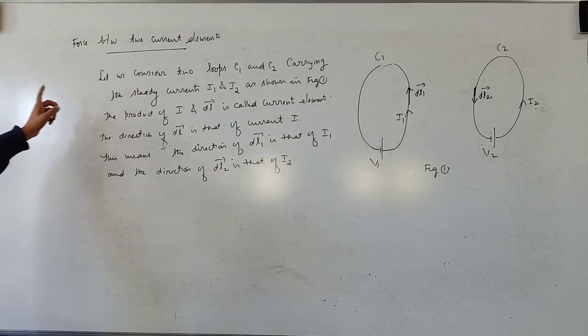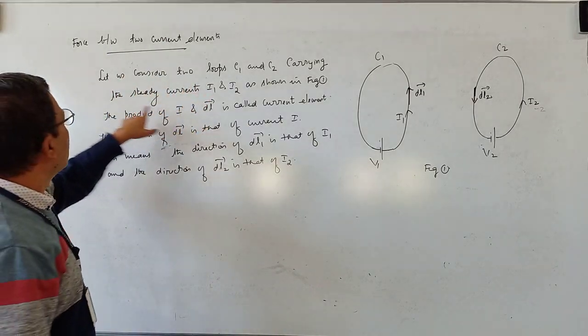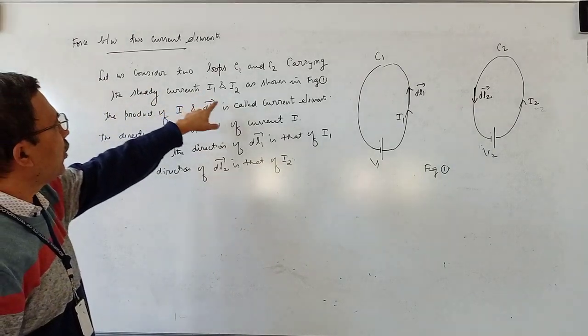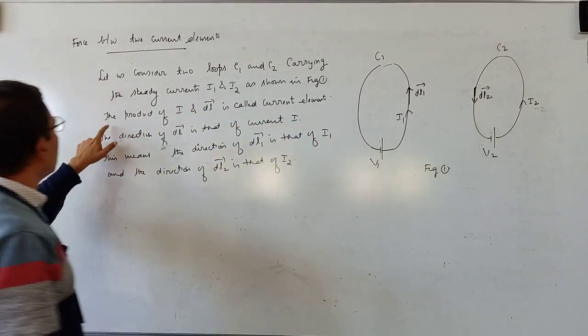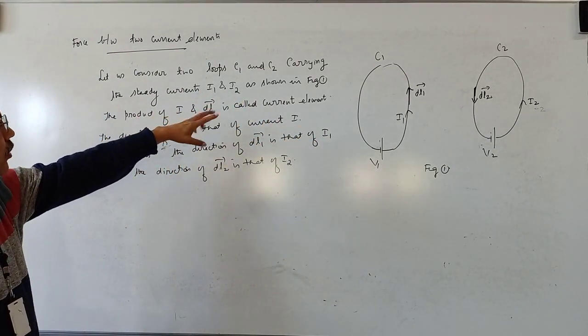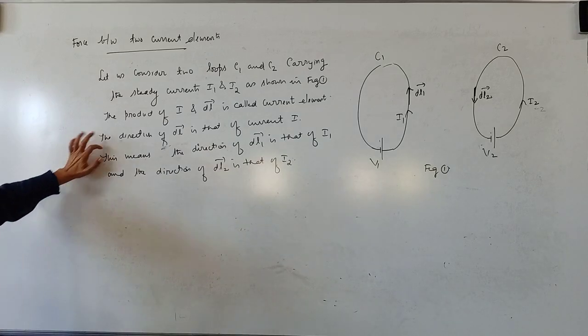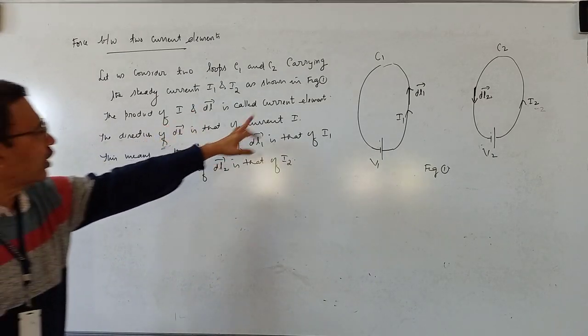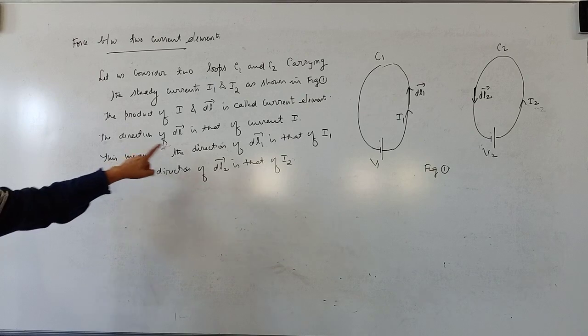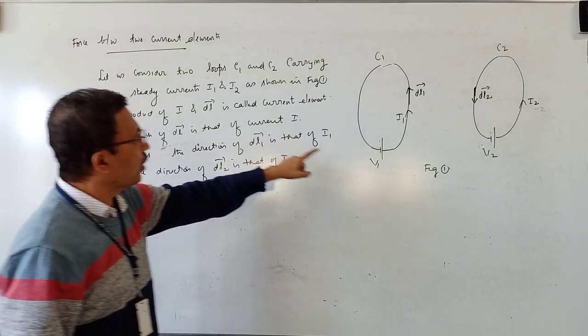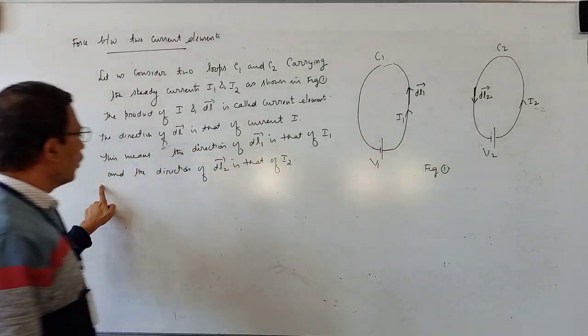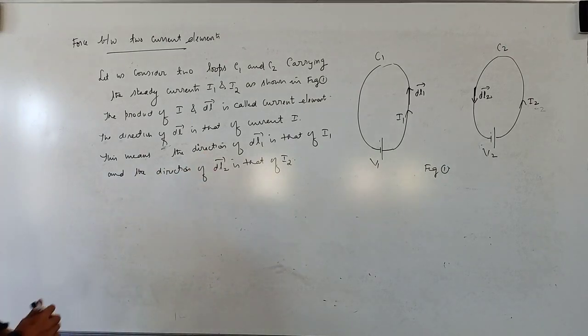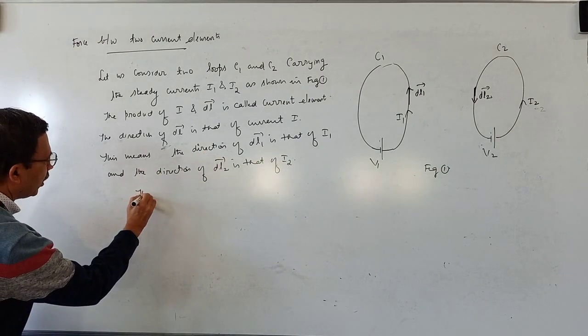What I have written: let us consider two loops C1 and C2 carrying the steady currents I1 and I2 as shown in figure 1. The product of I and vector dl is called current element. The direction of vector dl is that of current I. This means the direction of vector dl1 is that of I1 and the direction of vector dl2 is that of I2.